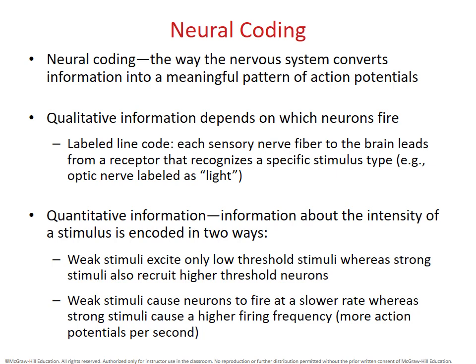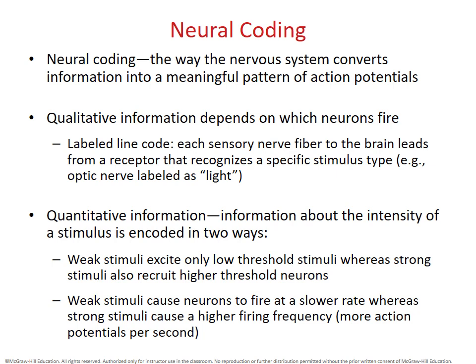But how do we make meaning out of those action potentials? How do we put some kind of sensibility or meaning to what all those action potentials are supposed to indicate to us? Well, there's two ways in which information can be coded, in other words, two ways in which we can make sense of these patterns of action potentials.